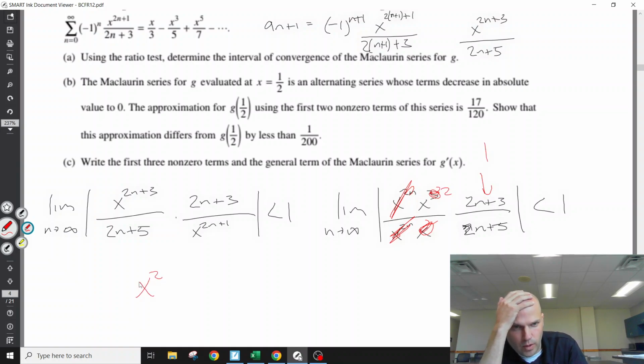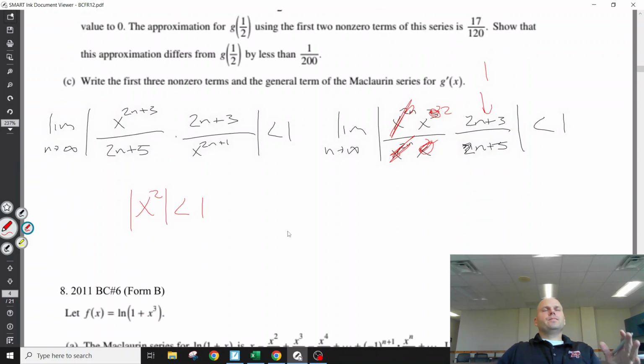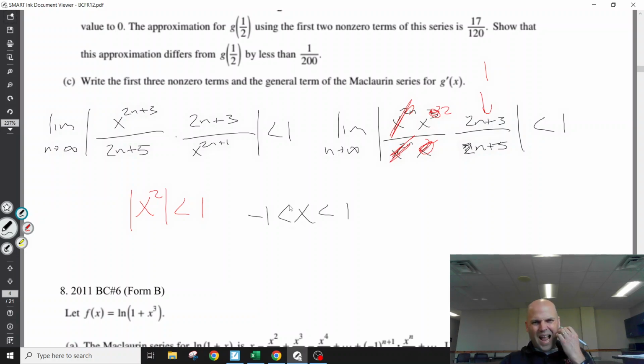So you get that x squared has to be less than 1. You can't split it up and then square root. You just have to think that you still have to be between 1 and negative 1 for the value squaring to be less than 1.